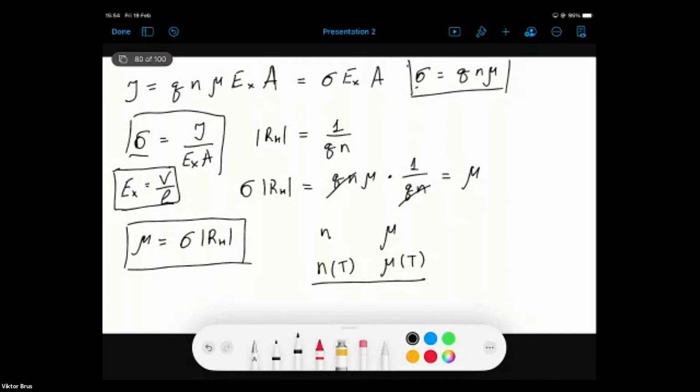In that case, in the case of so-called bipolar conductivity, Hall coefficient can be defined by this equation.